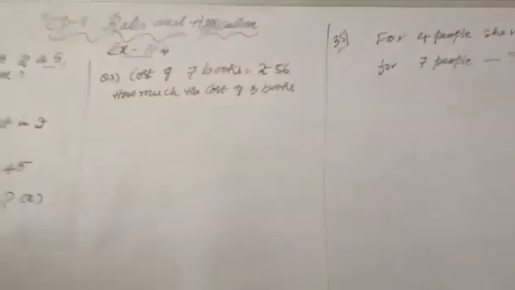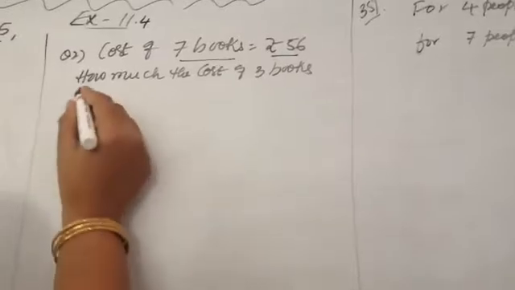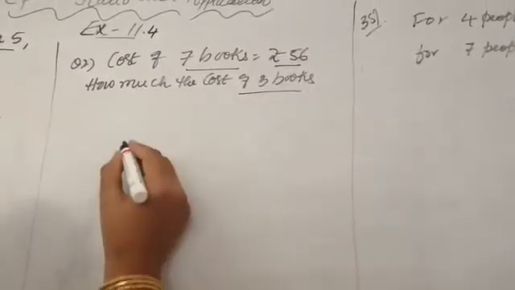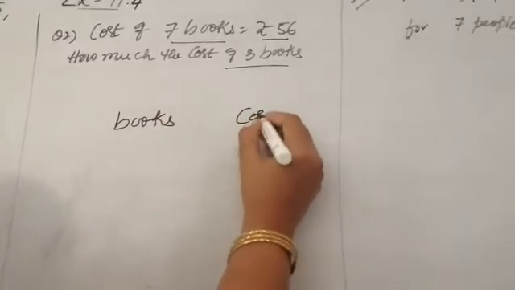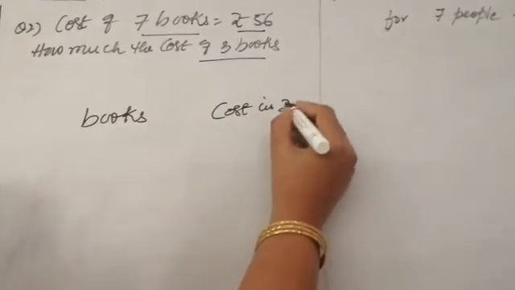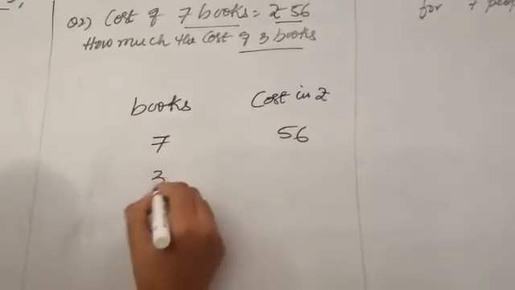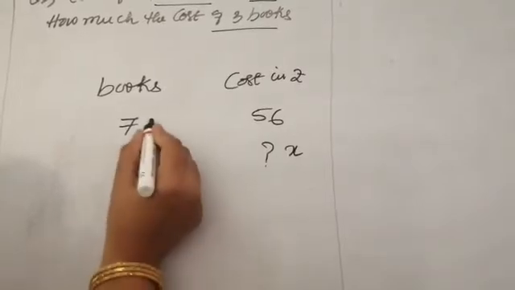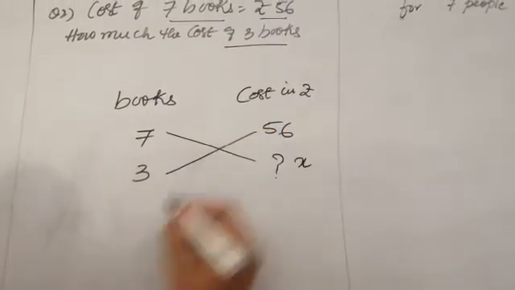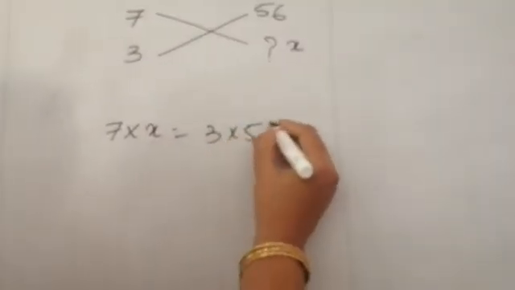Question number 2, see, children. Given the cost of 7 books is 56 rupees. Find the cost of 3 books. So he is dealing with books as well as cost in rupees. 7 books cost rupees 56. The cost of 3 books we don't know, so whatever we don't know we imagine as x, any variable. This into this, this into this. So 7 into x is equal to 3 into 56.